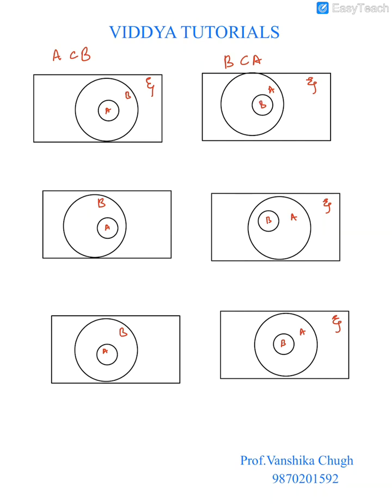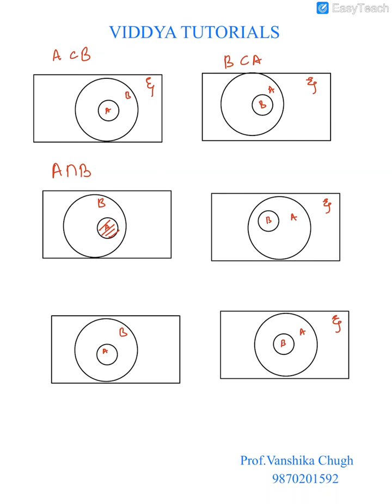Now understand how to represent A intersection B in case of a subset. A intersection B will be the entire set A. The subset A itself will become A intersection B because in an intersection I have to list the common elements of both the sets.